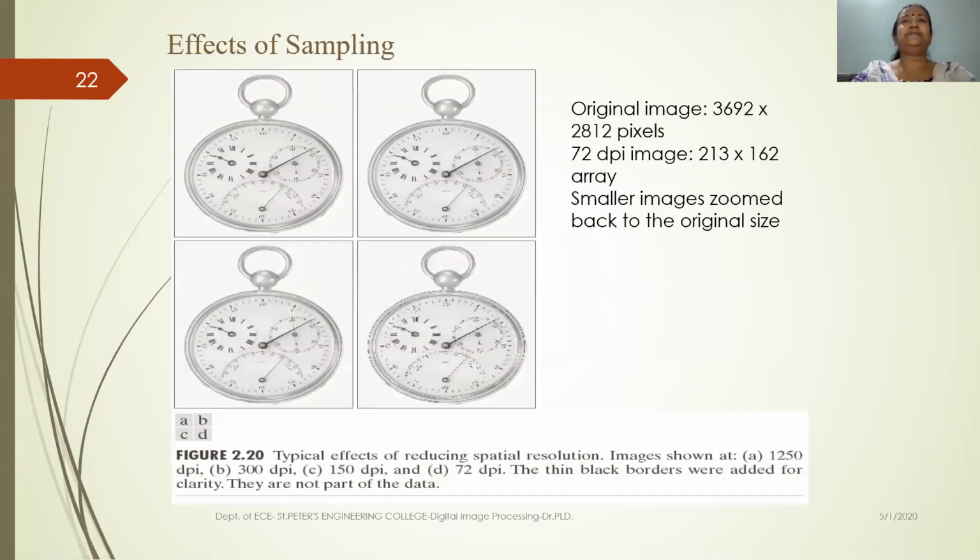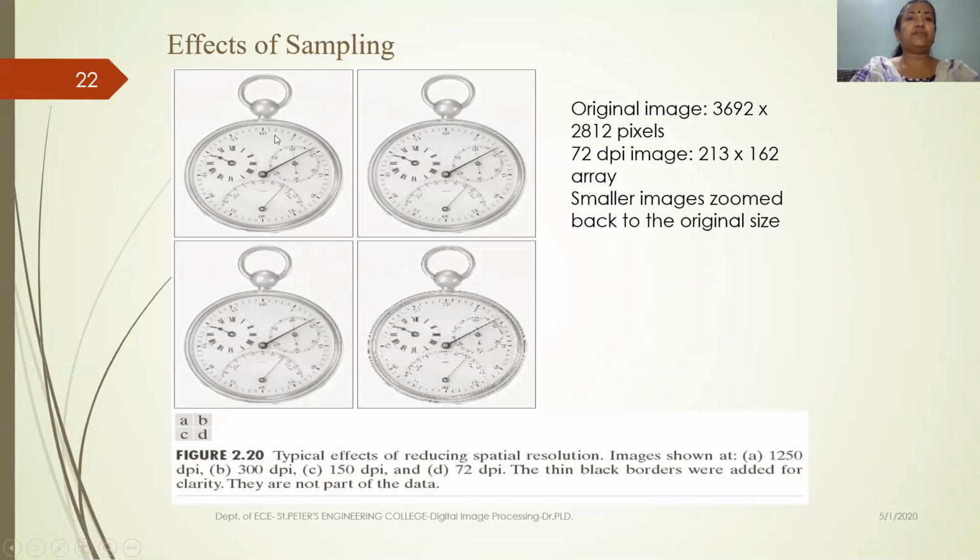Okay. Here you can observe effect of that particular sampling with particular examples. The original image size is 3692 by 2812 pixels, m by n, at 72 dots per inch. If you have considered for the spatial resolution, smaller images zoomed back to the original size.